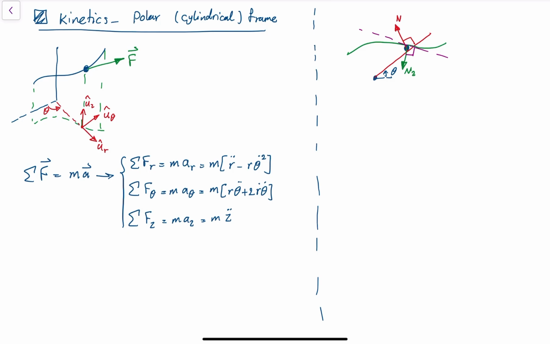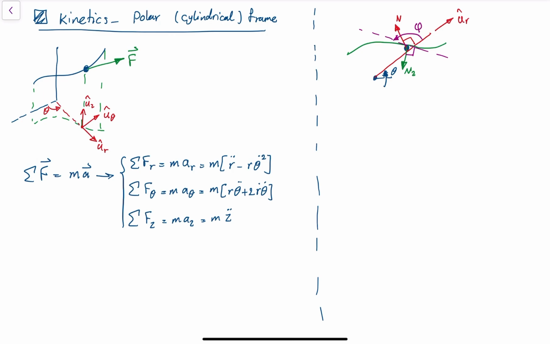This is not a very good diagram, but you can try to find this angle psi. It is the angle from the axis of u_r to the tangent in the direction of increasing theta. So if theta is increasing that way, that is the angle psi. Psi you can find.